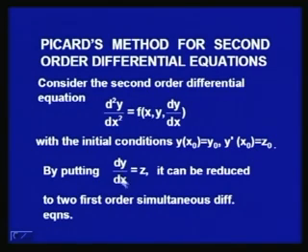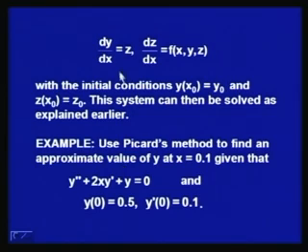Now, if we put dy by dx equal to z, then the second order differential equation gives rise to two first order simultaneous differential equations. They are dy by dx equal to z and dz by dx equal to f x y z. The initial conditions will be y at x naught equal to y naught and z at x naught equal to z naught.